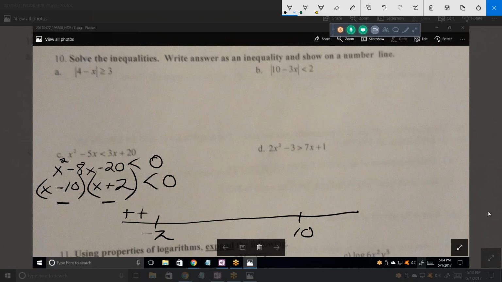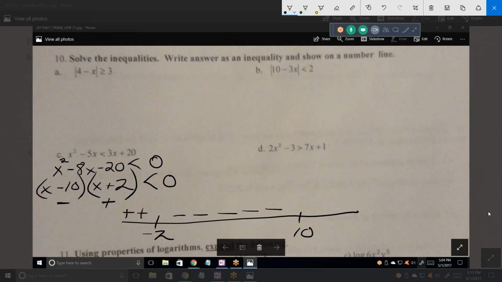Or 0, but either one is fine. When you use 5, what's the term on the left? Is it plus or minus? Negative. And the term on the right is positive. Multiply those two together, you get a negative. That tells you every number between -2 and 10 would give you a negative answer.